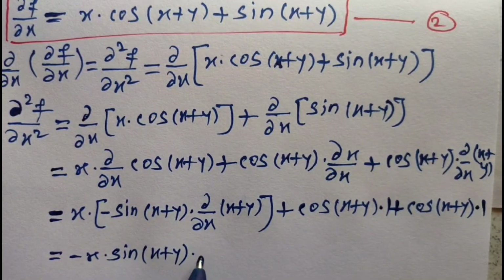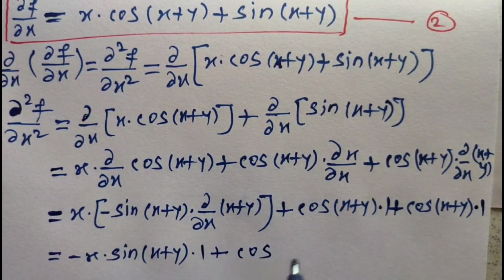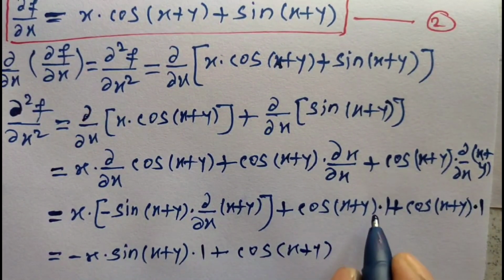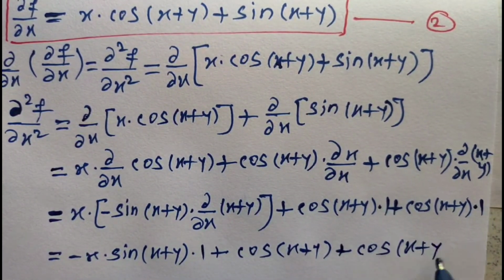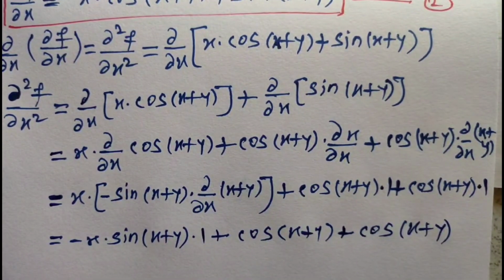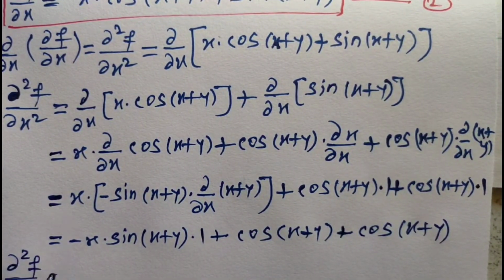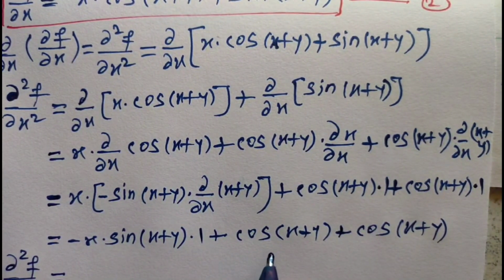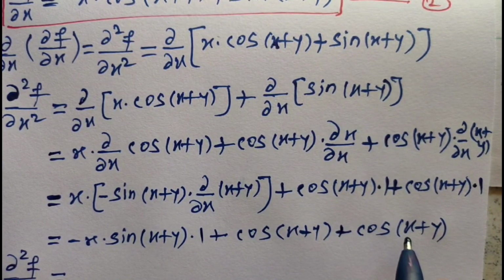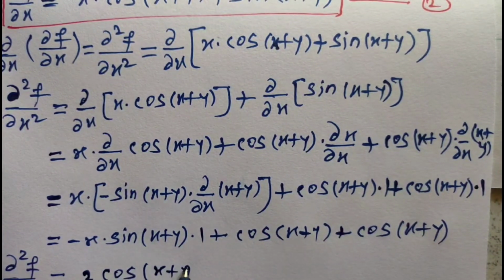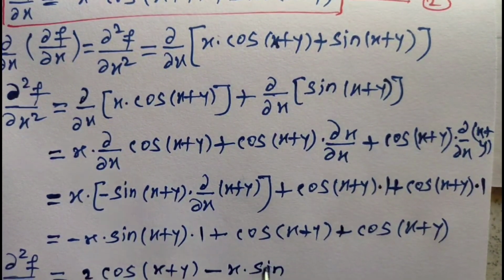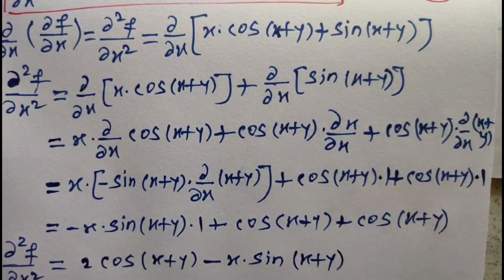So this is 1 plus cos of x plus y into 1 means cos of x plus y plus cos of x plus y. So finally dou 2f by dou x square is equal to this cos of x plus y plus this cos of x plus y, that becomes twice cos of x plus y, and now take this term minus x into sine of x plus y, and this is result number 3.